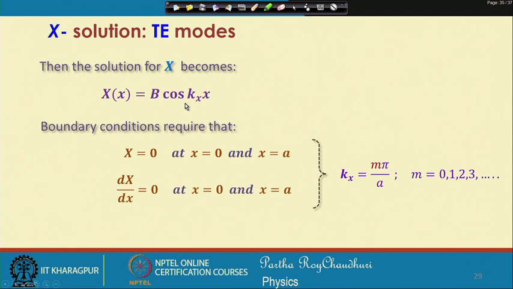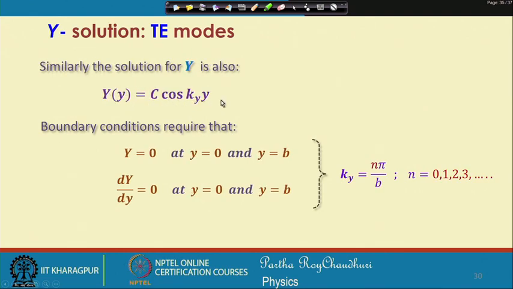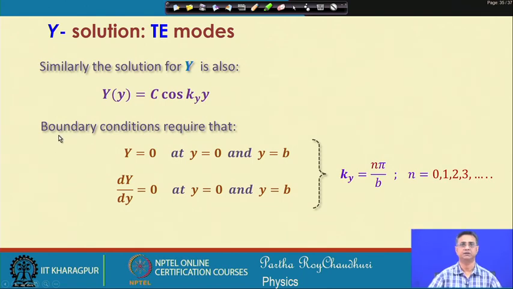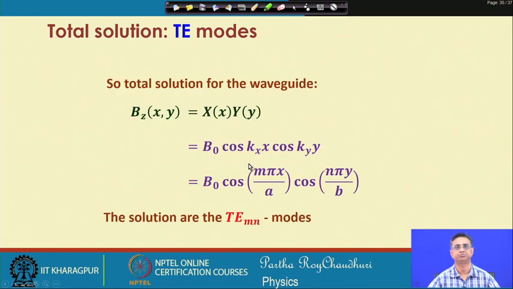This was the solution for the x part of the wave equation, and this is the solution for the y part. And again, if you put the boundary condition, we can write that k y equal to n pi by b, where n can take up all integral values.